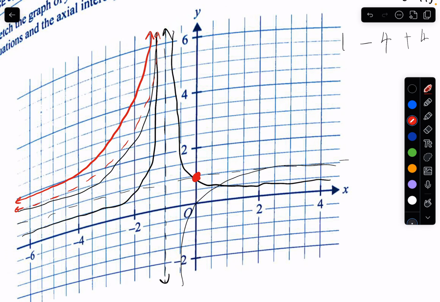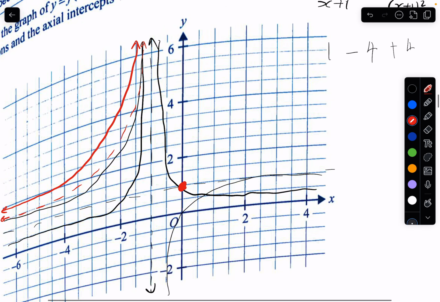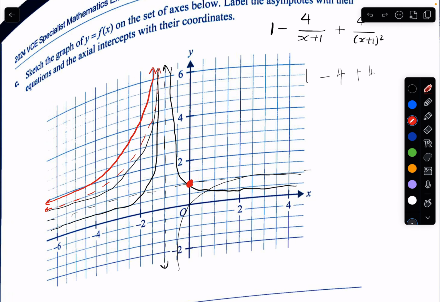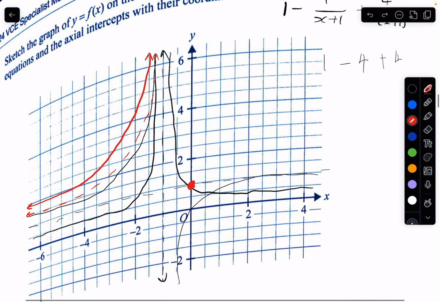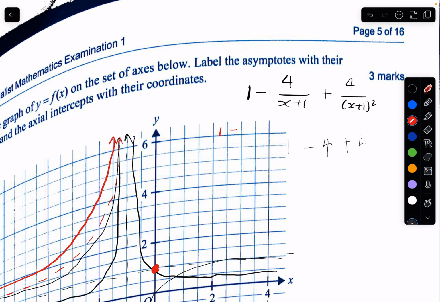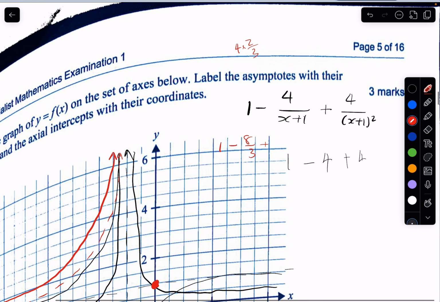Alright. And then let's just see. So this dominates, right? Because it's squared. Actually, it's going to be the denominator squared, so it'll be smaller. Wait, let's just see. So if we plug in a half and it kind of goes this way, then we kind of know where it's going, whereas if it goes that way, it's the opposite. So 1 minus 4 over a half is, 4 over 1 plus 1 half plus 1 is 4 over 3 over 2, which is 8 on 3, plus 4 on 3 over 2 squared, so that's 9.